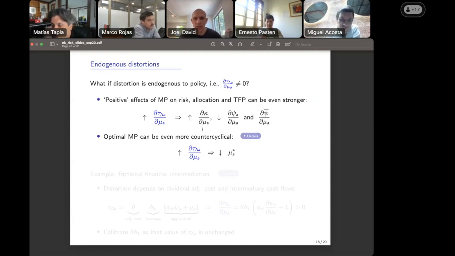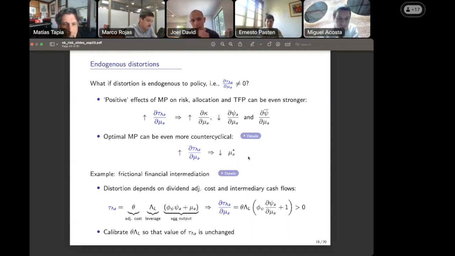That's because when the central bank does more counter-cyclical policy, the effects on the price of risk are going to be bigger, and the positive effects on the level of TFP, psi bar and psi A, are also all going to be bigger. And we can also prove that as long as that derivative is positive, for a given level of the distortion, optimal policy is going to be even more countercyclical than what I showed you with the exogenous distortion.